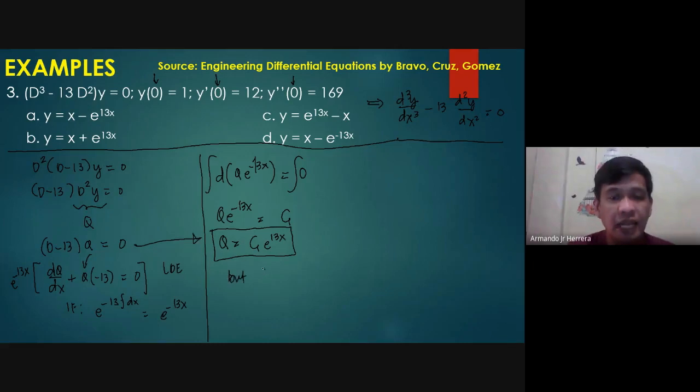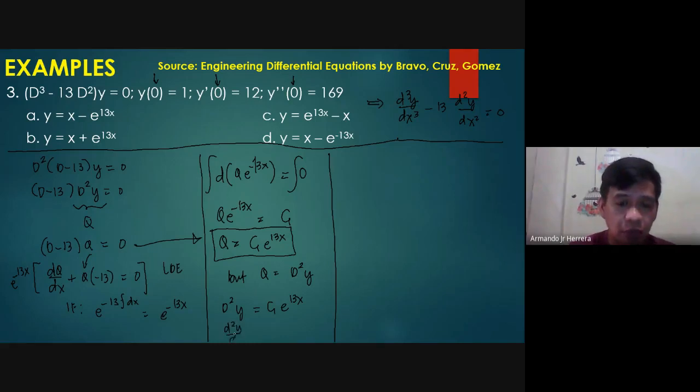But we let q earlier be equal to the second derivative of y with respect to x. So we substitute it again. So that's D squared y equals c1 e to the 13x. So that gives us the second derivative of y with respect to x equals c1 e to the 13x. To eliminate that second derivative, I need to integrate both sides.